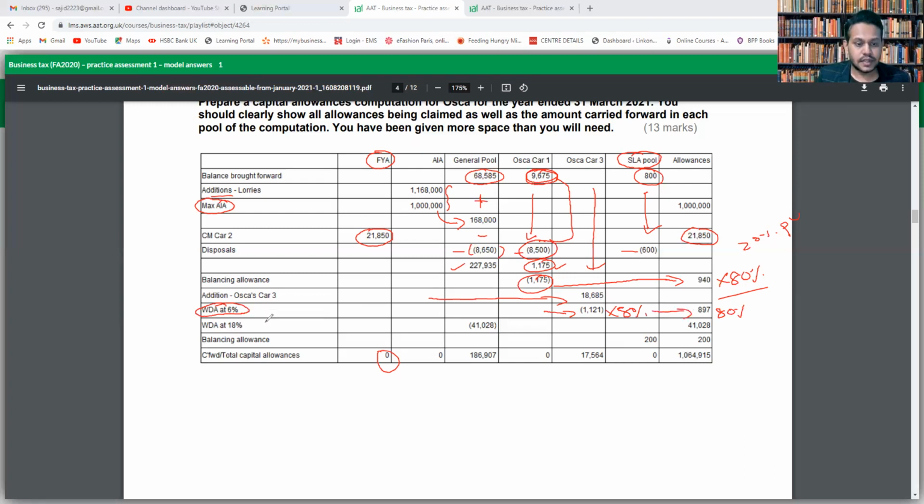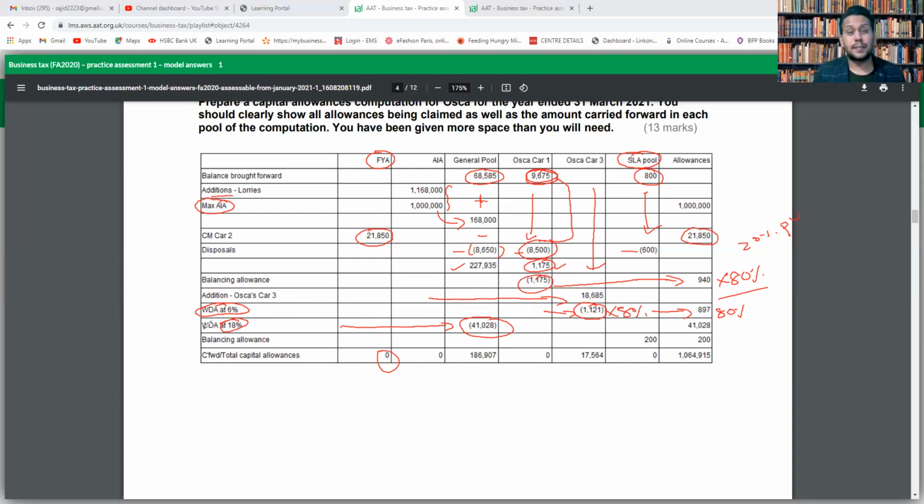Then we have a WDA of 18%. That's for the general pool. Remember, for the special rate, this one is a special rate, and that's why it is only 6%. Normally the general pool is always 18%. So when it is a special rate, you need to remember that, you need to read the question, because when it doesn't fulfil the condition for the general pool, then it will go to the special rate.